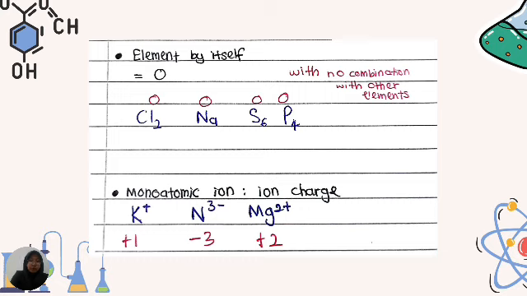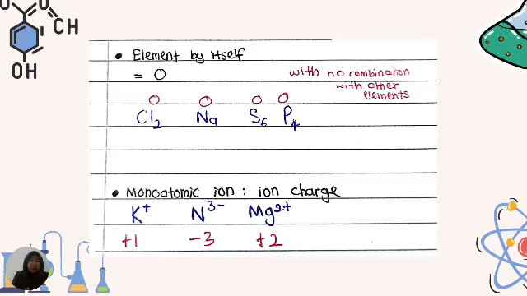Next one is element by itself. An element by itself is with no combination with other elements, such as we see here chlorine, sodium, sulfur, phosphorus. It is by itself with no other elements, so the oxidation number is 0.